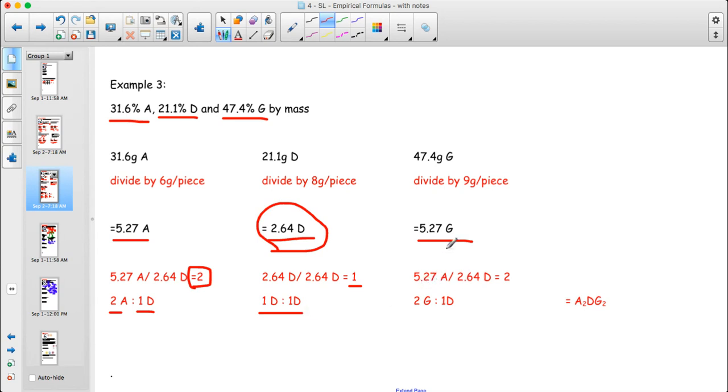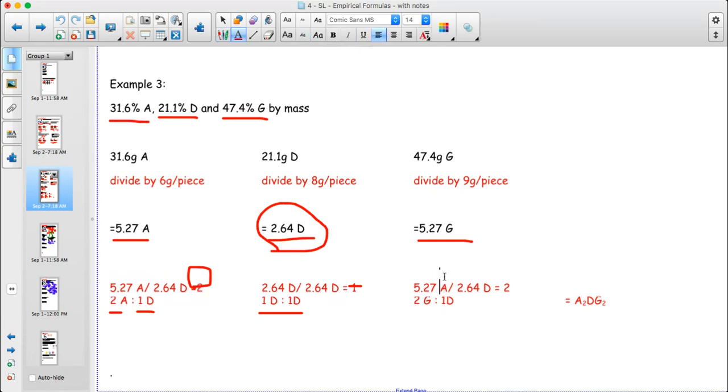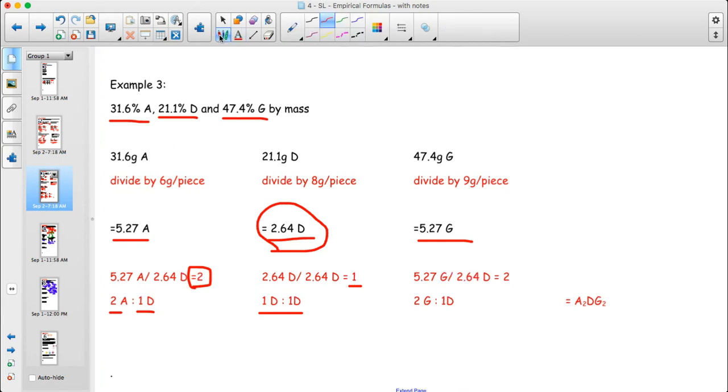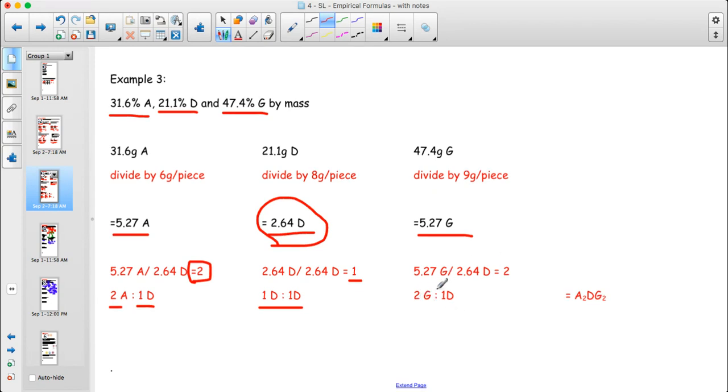And 5.27 on the G, and that should be, sorry, let me fix that. 5.67 G divided by 2.64 D again gives you 2, which tells you there's 2 G's for every 1 D. So when you get these numbers here, you compare everything back to the smallest number, and you are now going to get the whole number ratio, or at least you're going to get the ratio per 1 of this thing D that you had the least of.